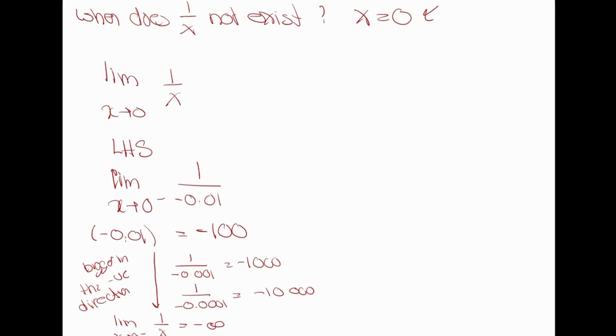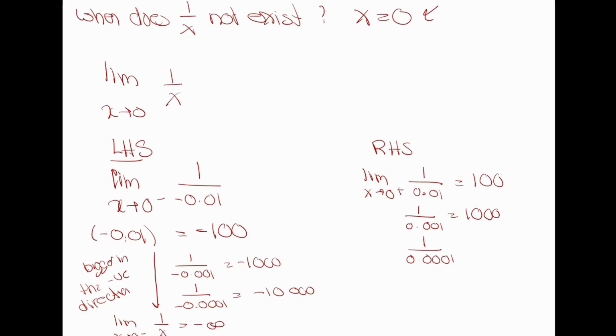Now let's do the same thing with the right-hand side. On my right-hand side, the limit as x approaches 0 from the right-hand side, let's use the same values, only this time they're positive. So we have 1 over 0.01. Well, that's going to equal positive 100. What if I start getting closer and closer? So 1 over 0.001. Well, that equals 1,000. What about 1 over 0.0001?